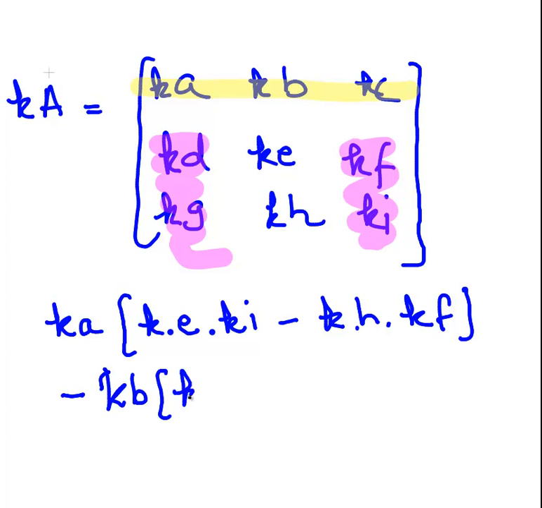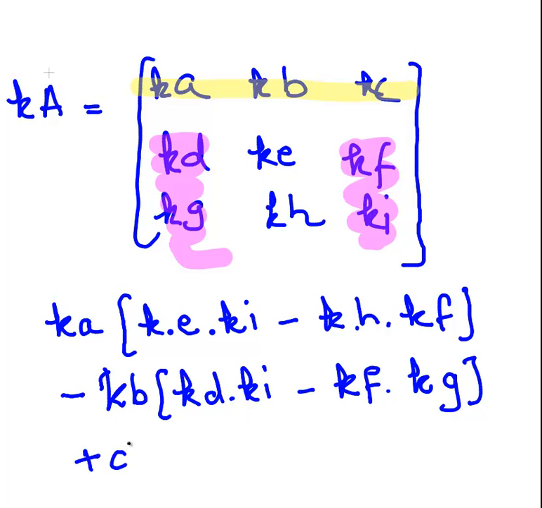So k times D times k times I minus k times F times k times G. I'm going to keep it in alphabetical order according to what is in the A matrix.